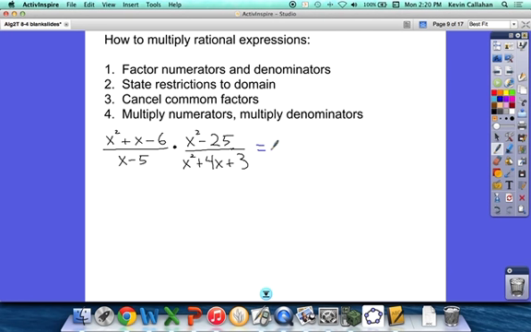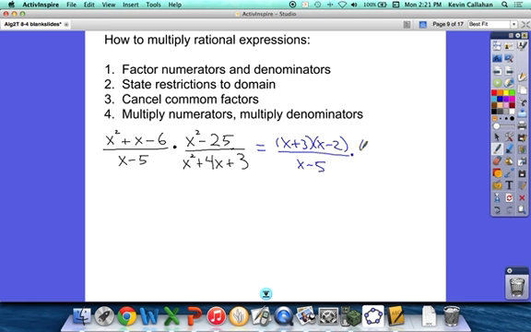So the first one, how does that factor? Too late. Should have come to you much faster than that. 3, negative 2. Okay, x plus 3 times x minus 2. Okay, x minus 5 times... Okay, x squared minus 25. x plus 5.